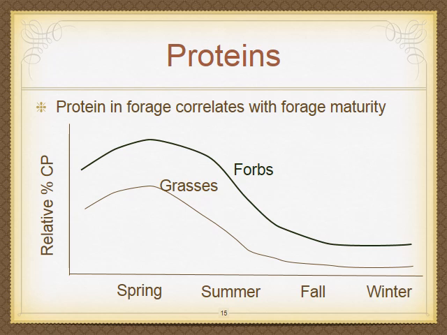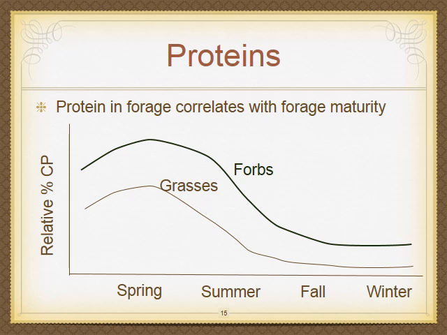So this illustration shows that protein in forages correlates with forage maturity. On the y-axis, I have relative percent crude protein, and on the x-axis, I have the different seasons of the year. And generally, the variation in crude protein changes with season and even from year to year.